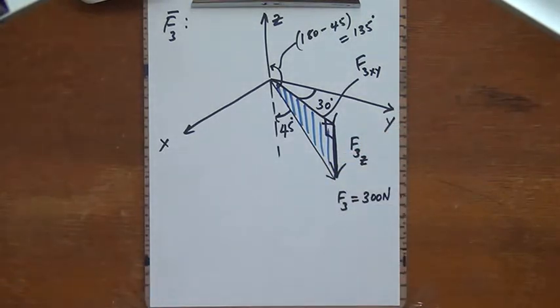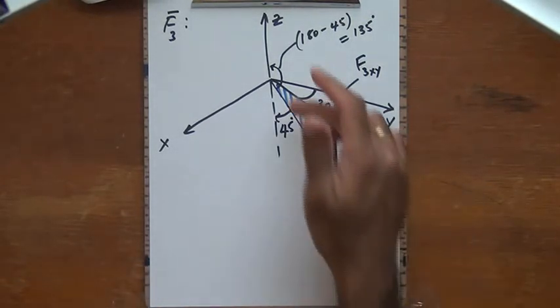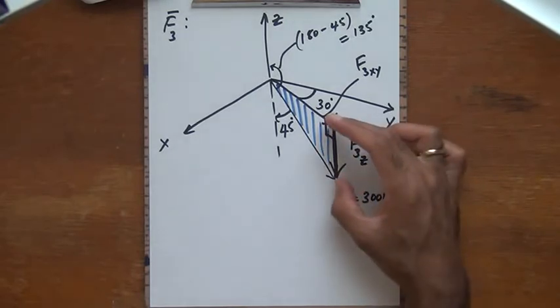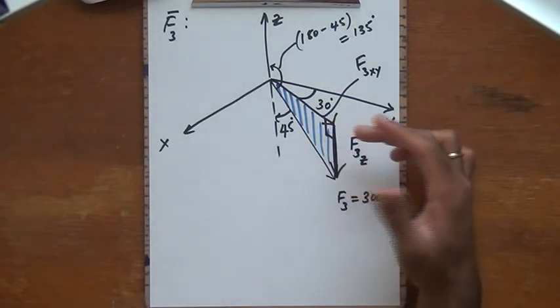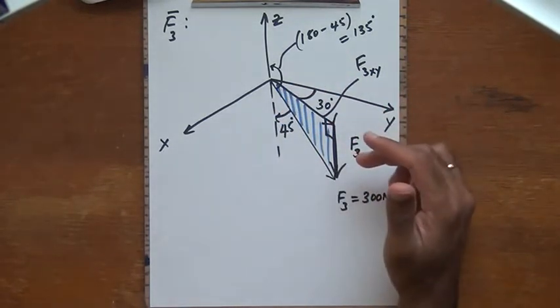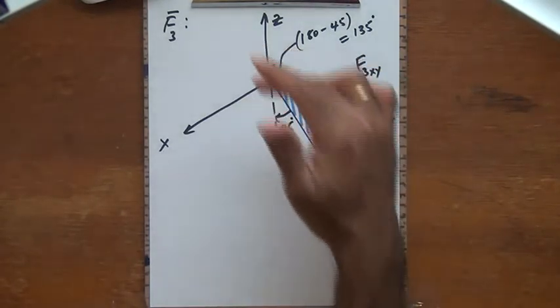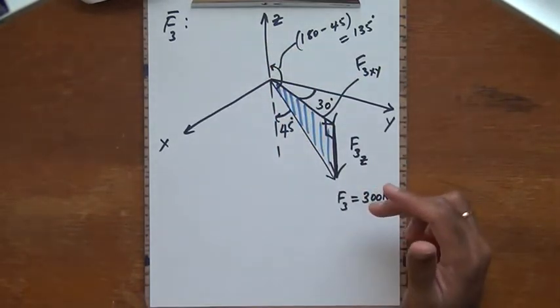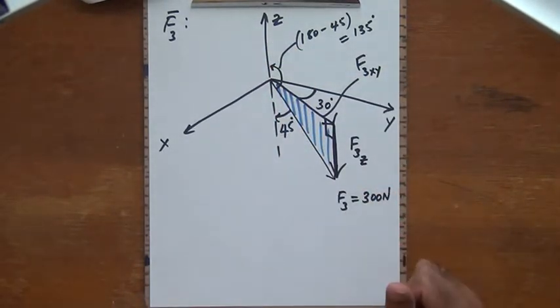Right, so if I look at that particular triangle, I first of all notice that okay, the force vector F3 is going to be in the negative z direction, and I know that if this angle is given to me as 45 degrees, and I know that if the angle there is 135 degrees, then the component of F3 in the z direction has to be a negative component.